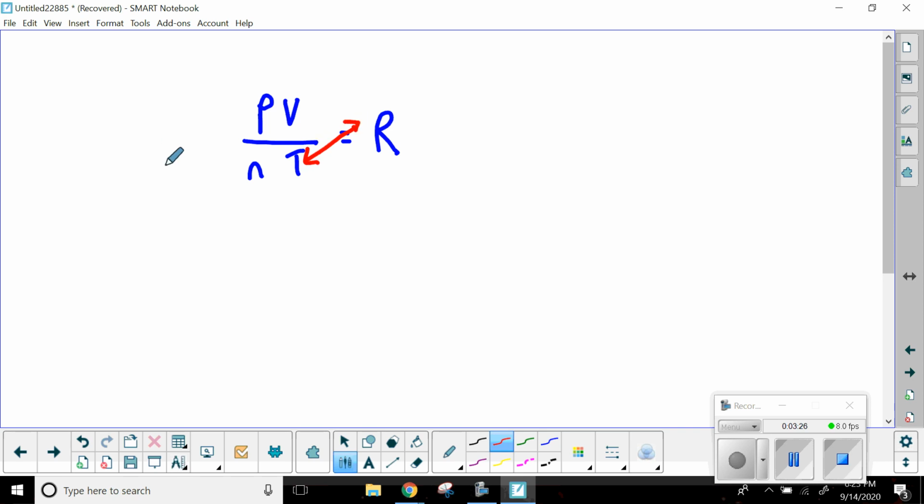They decided to move the moles times the temperature over to the right-hand side by multiplying by the reciprocal. And you get this final expression of PV equals nRT.